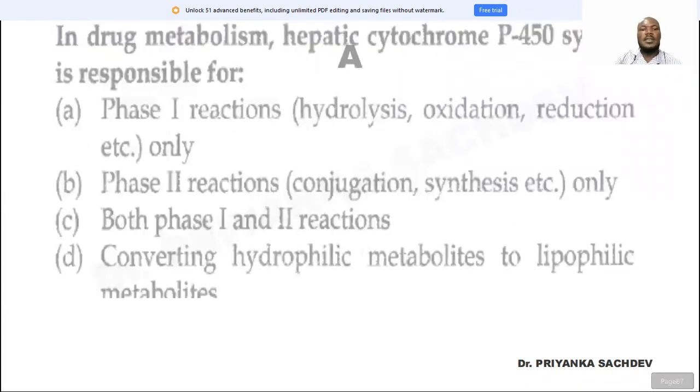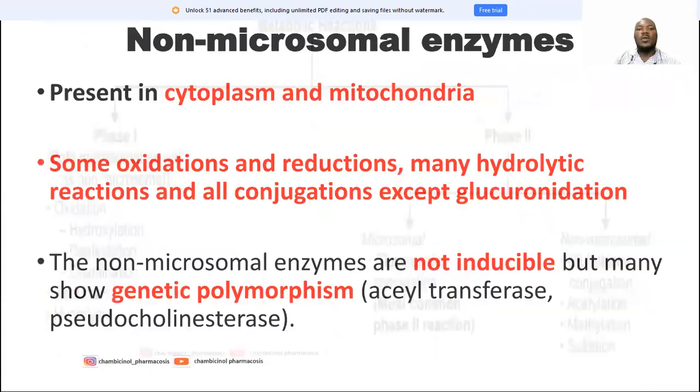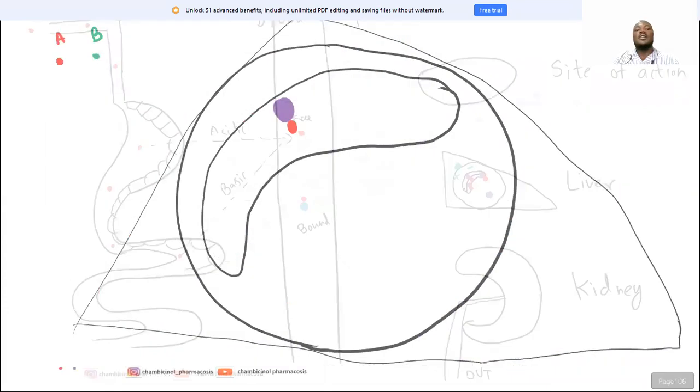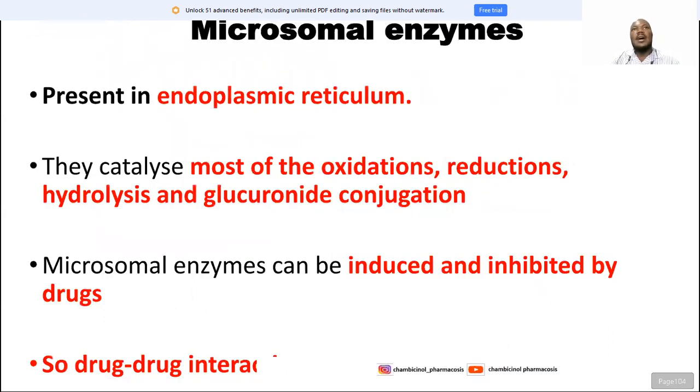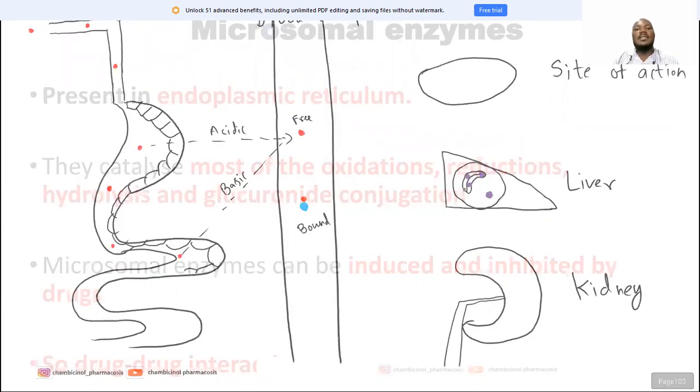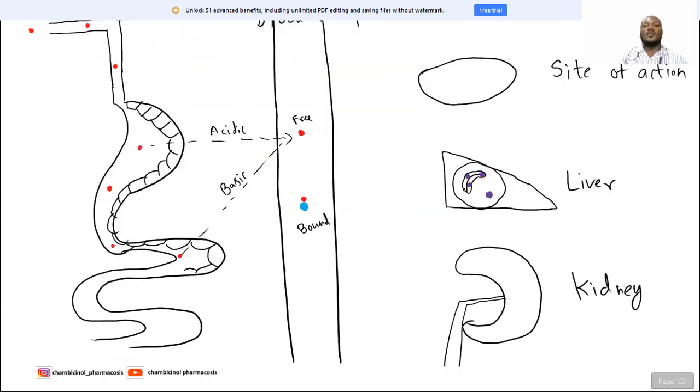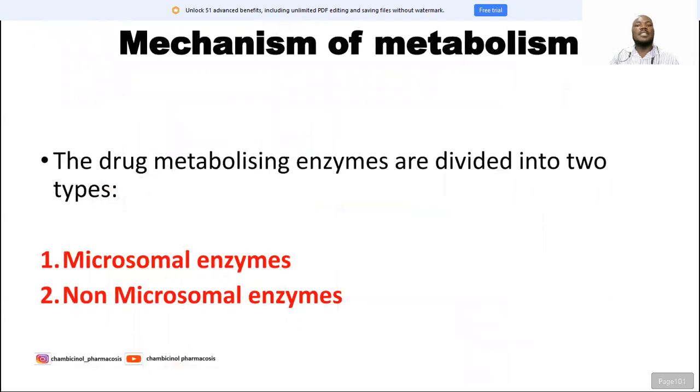From here, we proceed to the microsomal enzymes. In this passage, we have seen the phase 1 and phase 2 reactions, and which drugs undergo a specific biotransformation in either phase 1 or phase 2. But we have also seen the enzymes involved in the process of metabolism.